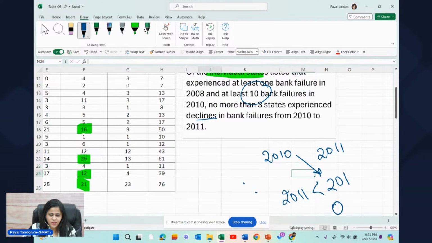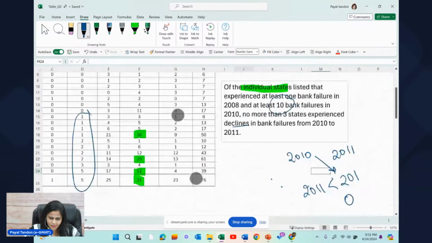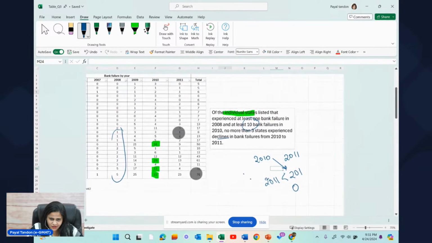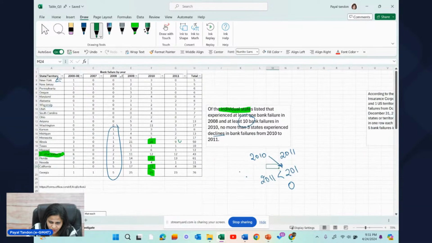All right. So the 2011 number needs to be less than the 2010 number. So let's look at that. Come back over here. 2011 is less than this one. Absolutely, it is less. Here also it's less. Here also it's less. Here it is not less. And I have three states for which the 2011 number is less, which means that this statement is correct. Okay. So we are good with this statement.